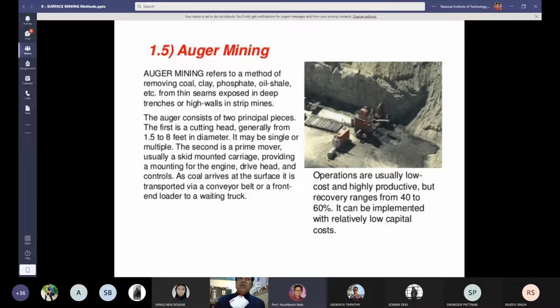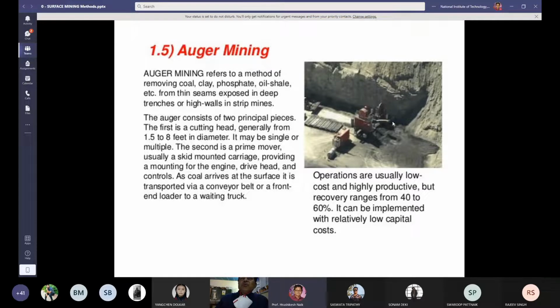What is auger mining? Auger mining refers to a method of removing coal, clay, phosphate minerals, oil shale from thin seams. It is applicable to thin seams exposed in deep trenches or high walls in strip mines.